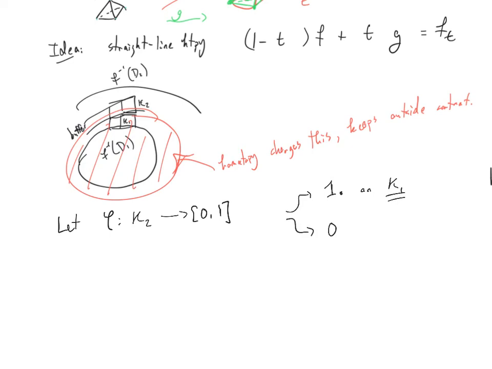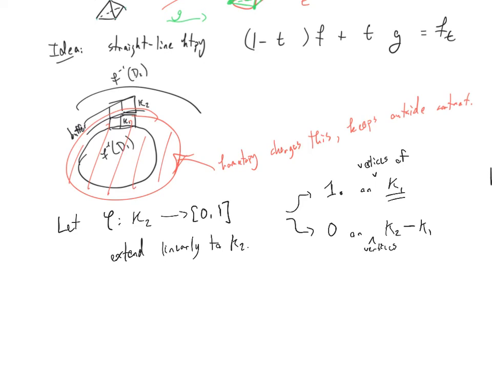And it should be 0 on K2 minus K1. Except that doesn't quite work because I would just be jumping. So what we'll do is it's 1 on the vertices of K1, and it's 0 on the vertices of K2 minus K1, and then extend linearly to all of K2.